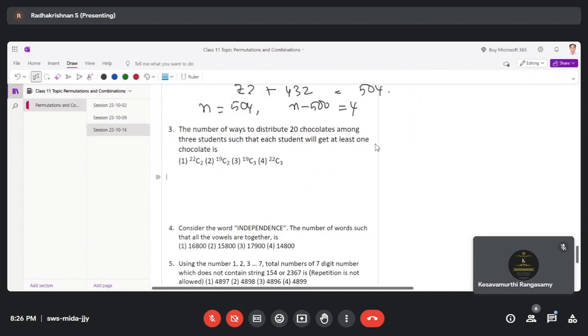So we cannot, this is not a combination like 20C3, it's not like that. Because 20 chocolates are there, we have to give them to 3 students. Okay, so it's a slightly different way of counting distribution. Okay, so how do we do this?